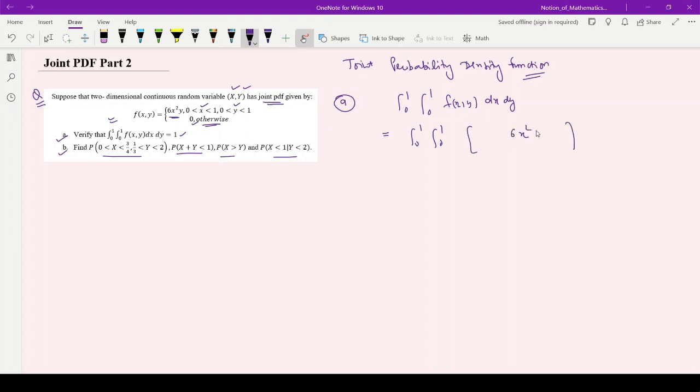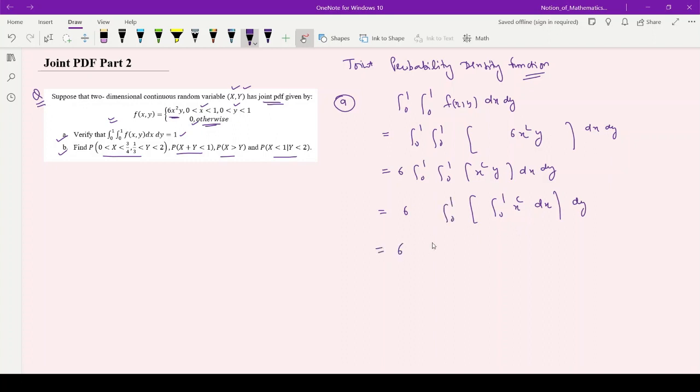That is 6x²y dx dy. So 6 I can take before the integrations, the integral 0 to 1, 0 to 1, x²y dx dy. This is not a double integration, so I will solve it for x first, 0 to 1 x² dx, and then dy from 0 to 1.